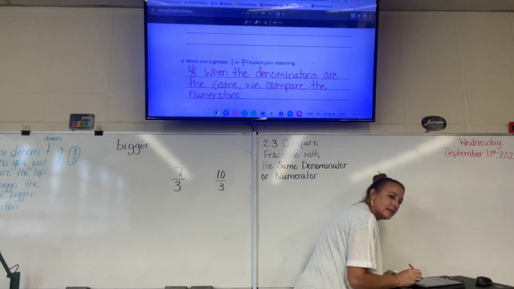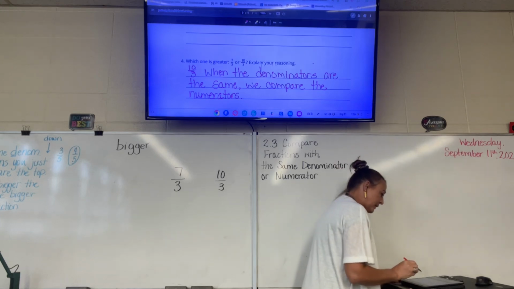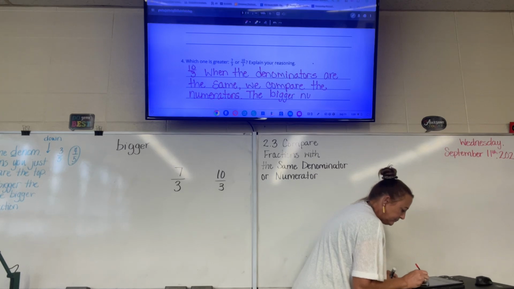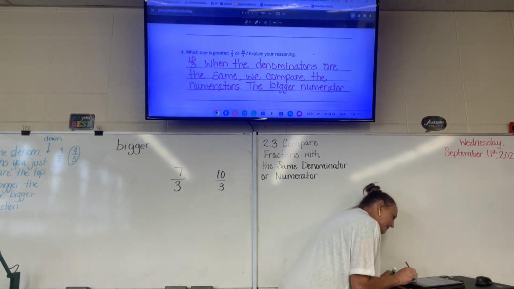Copy this down, Rosa. When the denominators are the same, we compare the numerators. The bigger numerator is the bigger fraction.